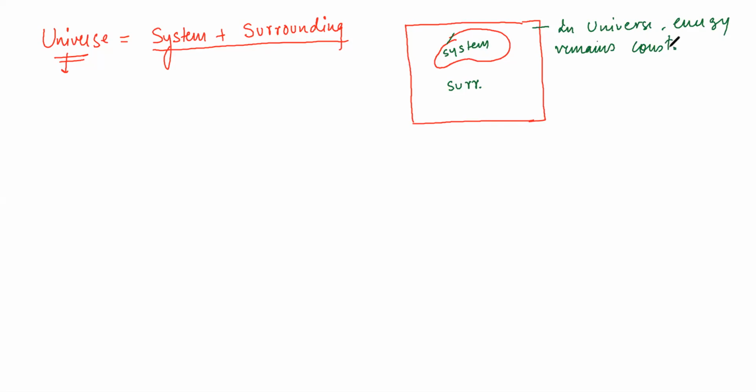Now let's understand what are the types of system. Initially we have studied what is system. Now we are concerned about the types of system. So let's see.